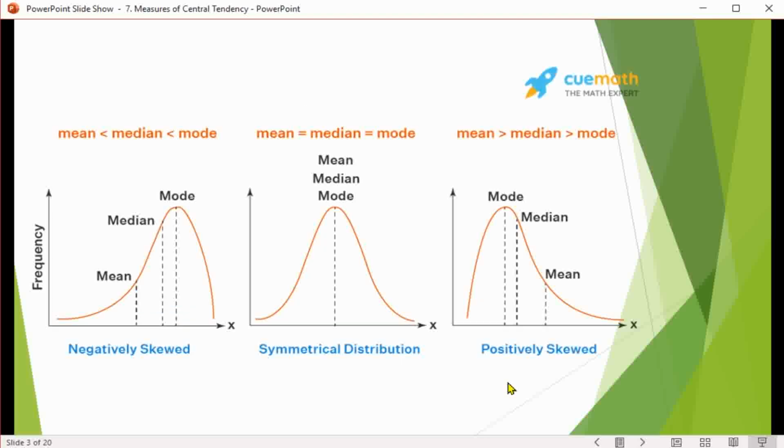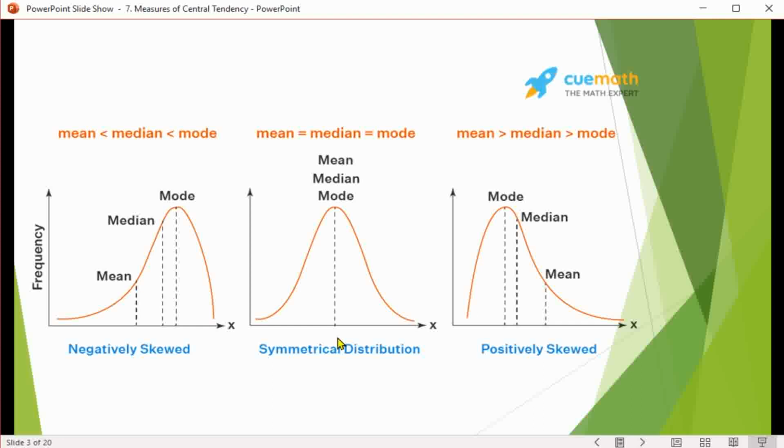So in the distribution, these are the three main types of distribution. In the middle, we have the very symmetrical distribution, which is what we call the normal distribution. And this is ideally what a measure of central tendency would be describing.